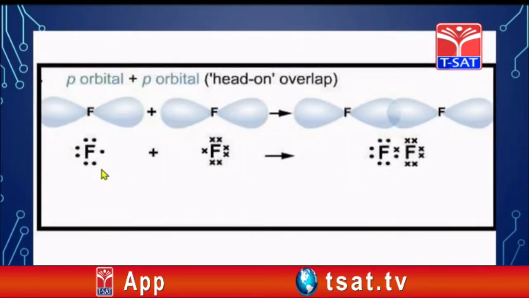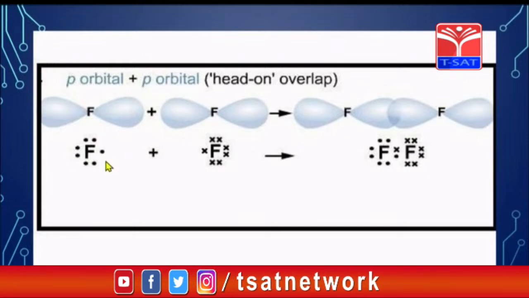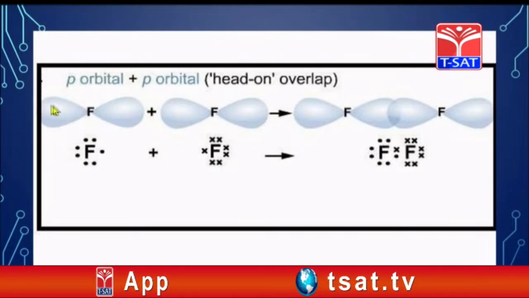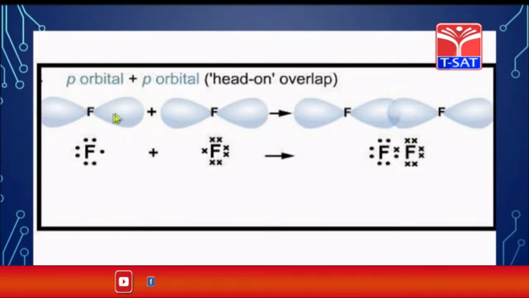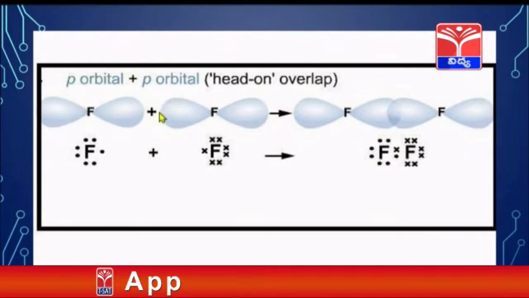Look at another example, children. Fluorine molecule, it also belongs to group 7A. So it has 7 valence electrons. It requires one more electron. And where is this unpaired electron present? In the 2pz orbital. So the 2pz orbital has one unpaired electron. When one fluorine atom approaches another fluorine atom, the unpaired electron present in pz combines with the other pz orbital.